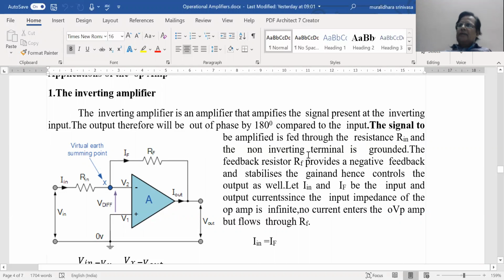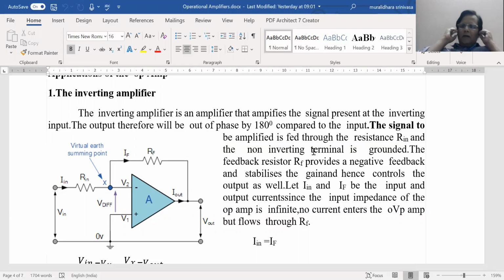And what is the essential characteristic of an amplifier? The most essential characteristic of an amplifier is that it provides the gain, and an equally important or more important feature is what you call fidelity. What is fidelity? Fidelity is faithful reproduction of the input signal.